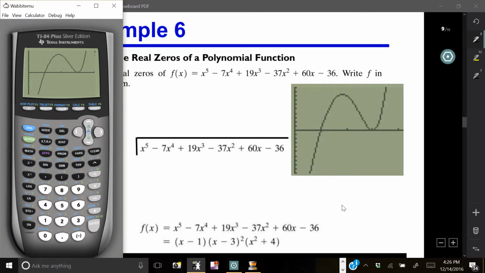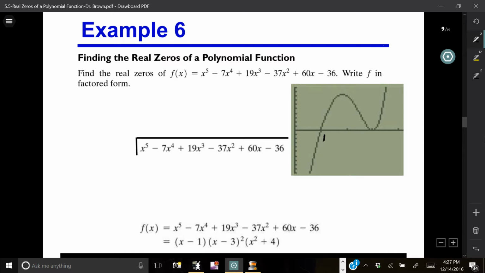So here we see the zeros. You see one at x equals 1, one at x equals 3, and this is a repeated 0. And we see no other zeros, so the other two must be complex, which we will address in a later lecture.